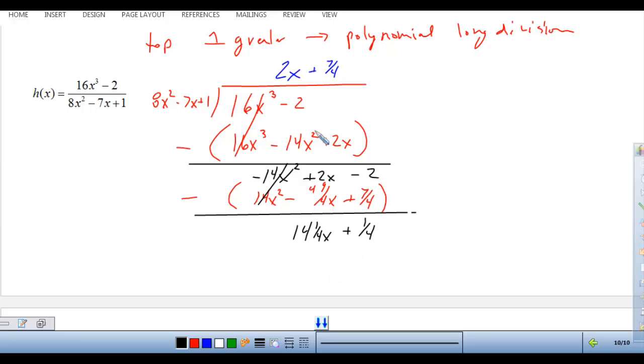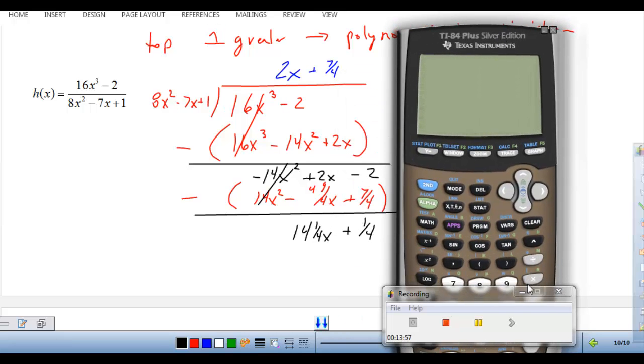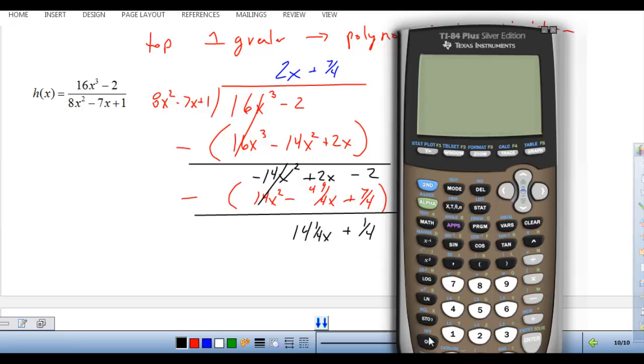So again, let's go ahead and pull up a calculator here and we'll take a look at what this looks like. So we'll go ahead and graph the rational function. We'll just alter this here, 16x cubed minus 2.